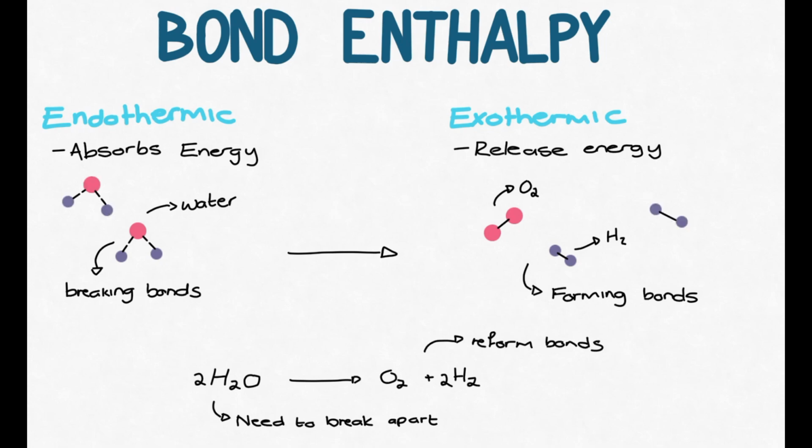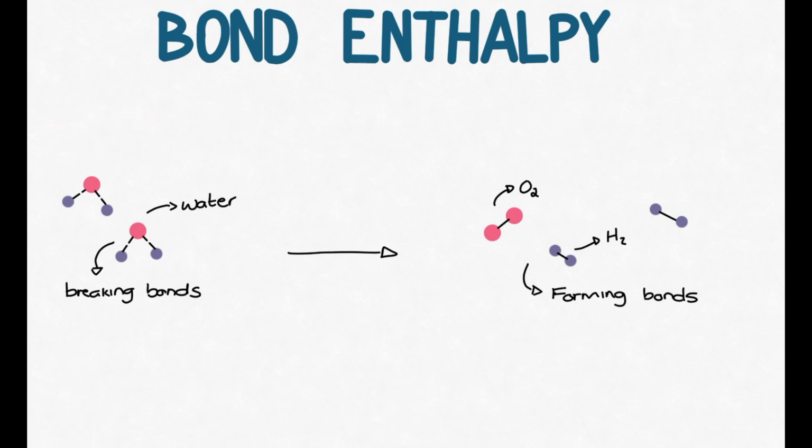So let's look at this as a breakdown. Each bond, for instance, the bond between hydrogen and oxygen, has a specific bond energy or bond enthalpy. So for the hydrogen-oxygen bond, like in water, the bond enthalpy is 459 kilojoules per mole.